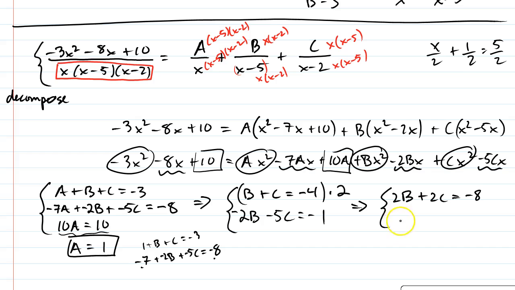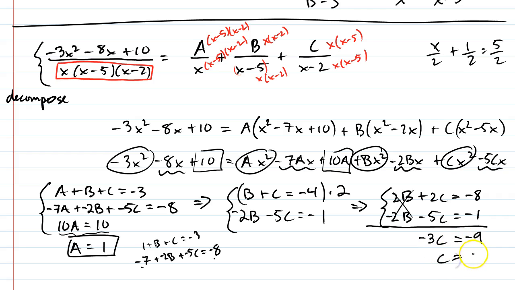And this is completely legal as long as you multiply everything on the row by the same number. So let's add down here. We have nothing. These eliminate. This is going to be negative 3c, and this is going to be negative 9. So c is 3. Alright, a is 1, c is 3.